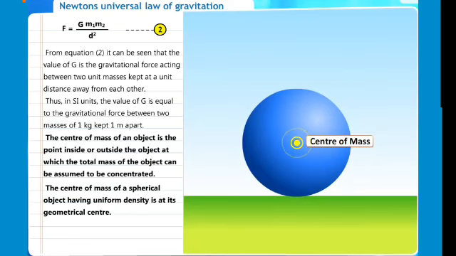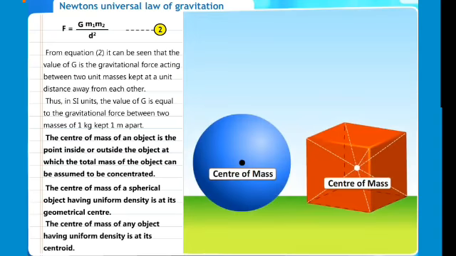The center of mass of a spherical object having uniform density is at its geometrical center, the center of the circle. The center of mass of any object having uniform density is at its centroid.